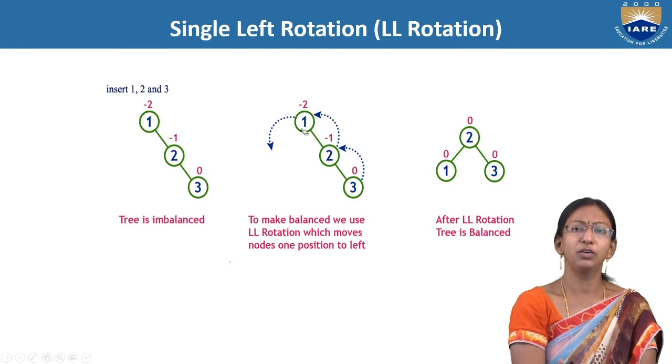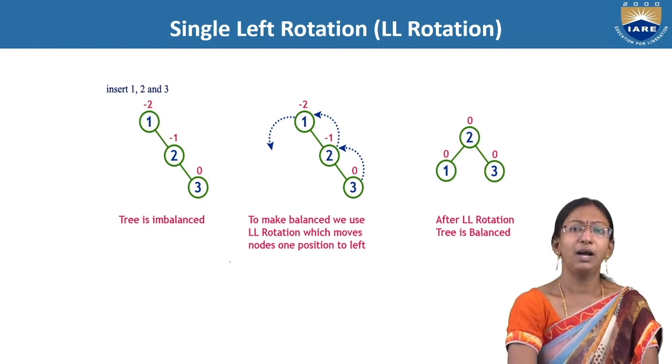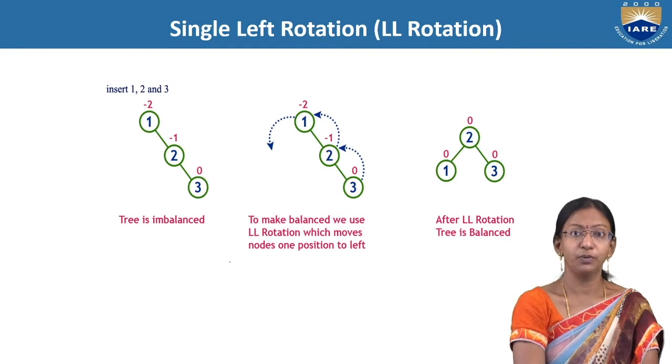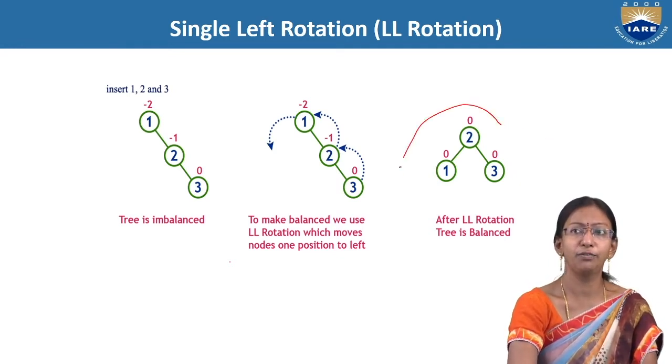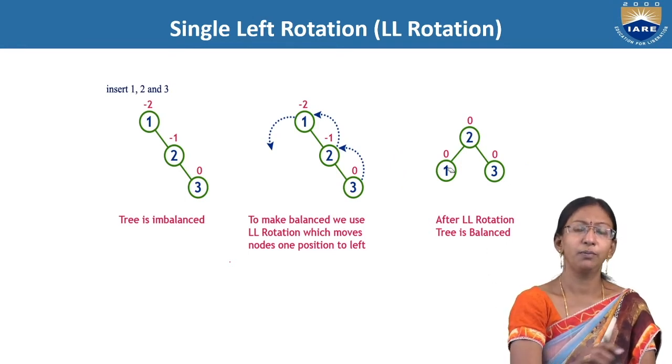When you drag it towards left, 2 is going to raise its head and become the root, and 1 will come down as the left child of 2. So once you pull the head of 1, as it becomes the left of 2, this will be the resultant tree. Now calculate the balance factors.